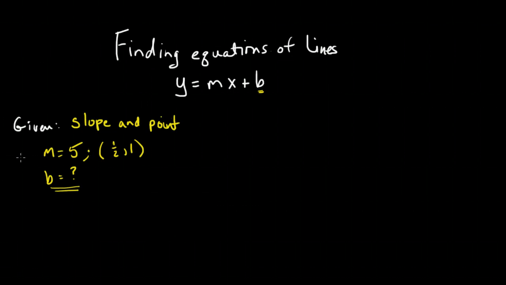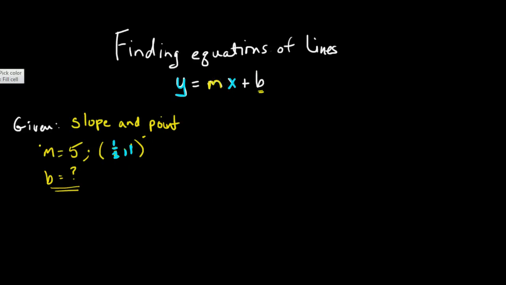It takes the information that you have. Here I have the m, and here I have a point. And in fact, let's make the point a different color, just for giggles. And I'm going to take that information and pattern match it into the y equals mx plus b, substituting my point for the y and the x and my m value for the slope.